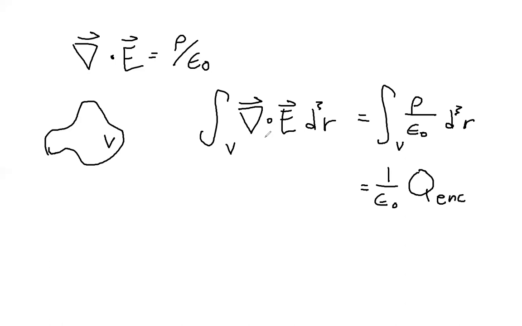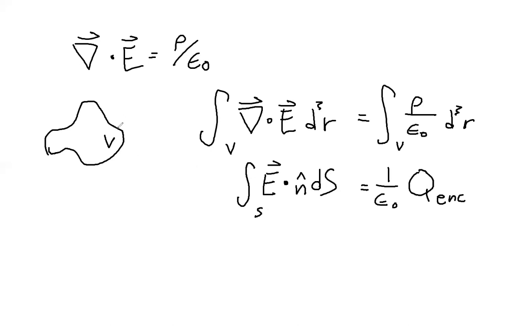This thing, though, what you have to do is use one of those various rules in vector calculus that relates the integral of a divergence over a volume to the integral of the vector itself dotted into the surface normal over the surface of this thing.